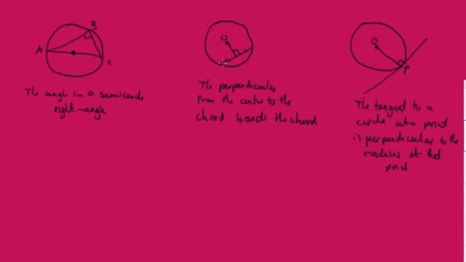The perpendicular bisector of the chord must pass through the centre, and if the radius and the line at point P on the circumference are at right angles, then that must be a tangent. So if you were told you had the radius and it hit a line beside the triangle at point P, you can deduce that that line is tangential to the circle.